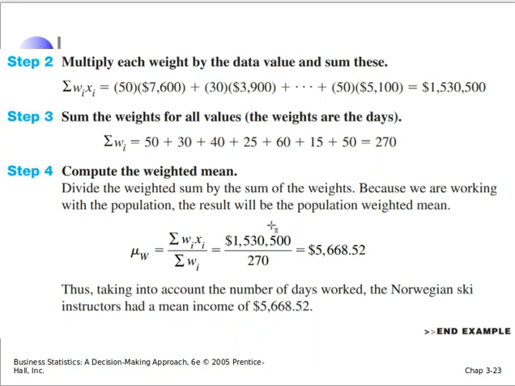$1,530,500 divided by 270. So the result is $5,668.52.